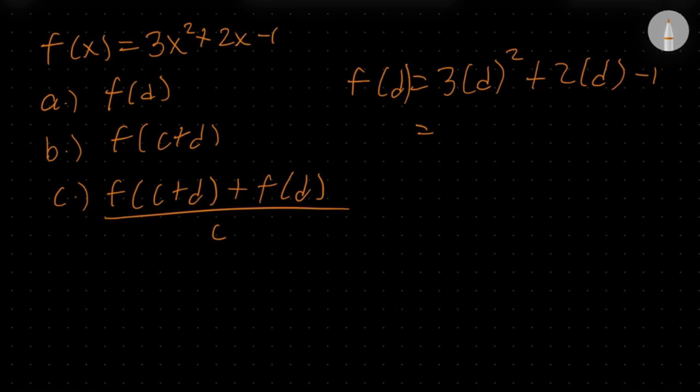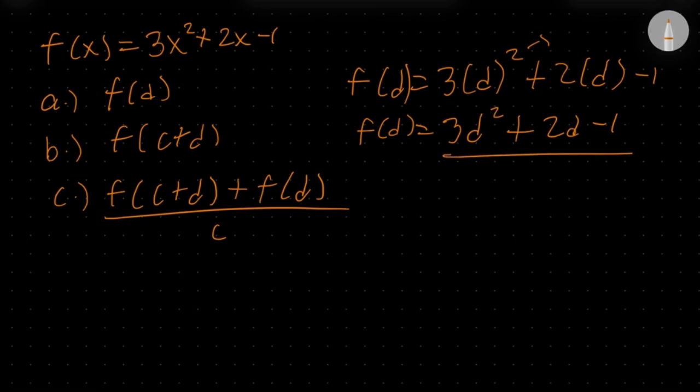By the PEMDAS rule, we shall first start with the exponent. d times d is equal to d squared, plus 2 times d is 2d, minus 1. Therefore, f of d is 3d squared plus 2d minus 1.